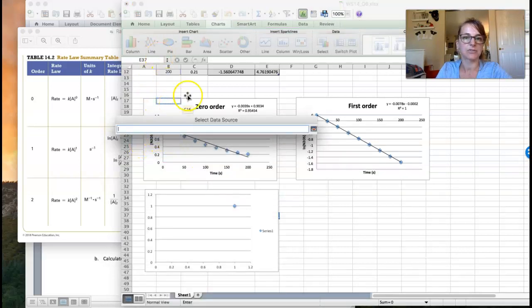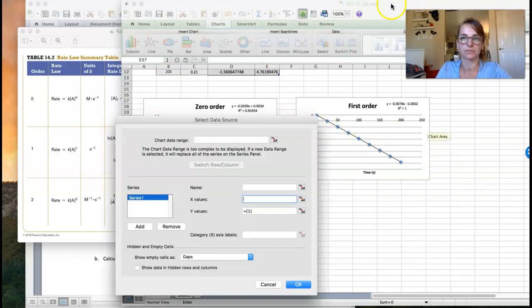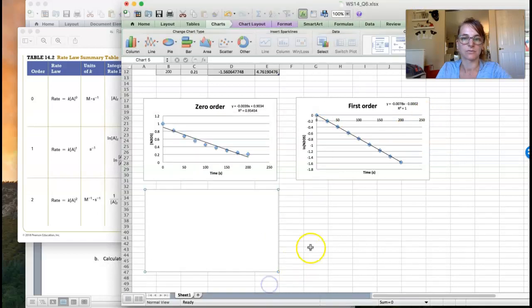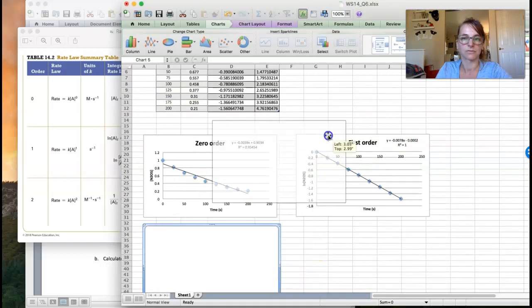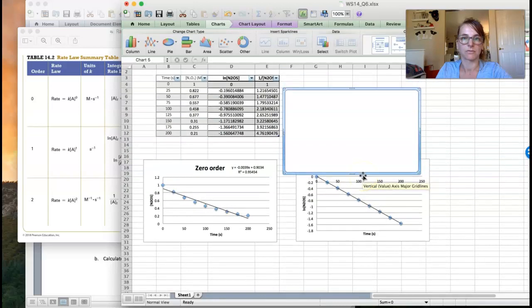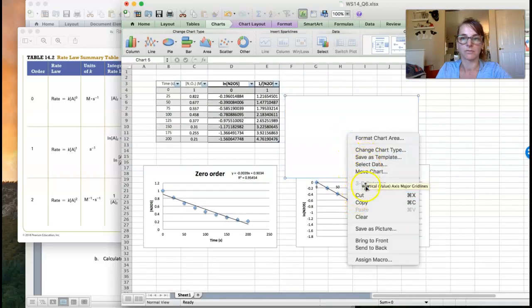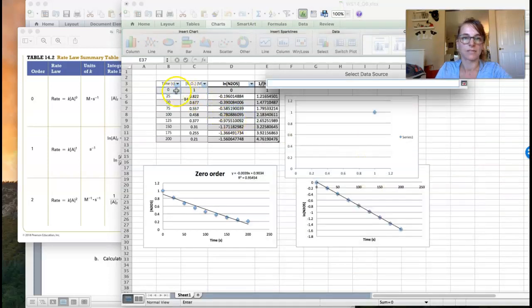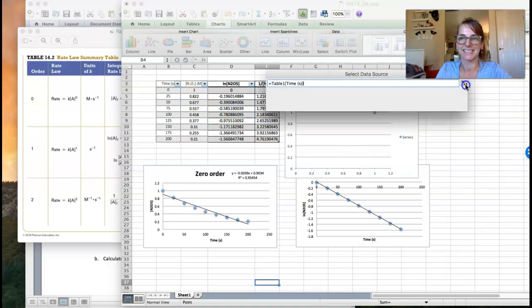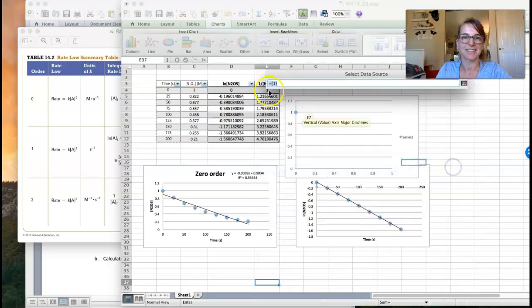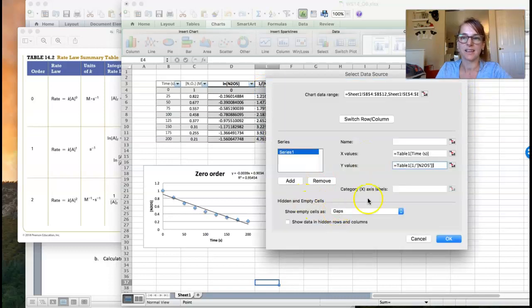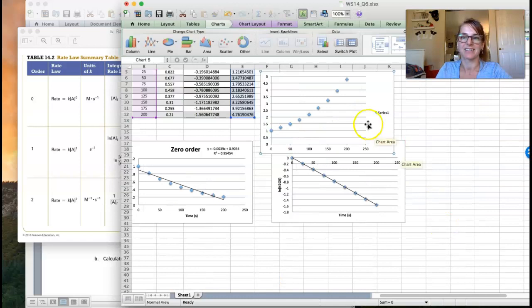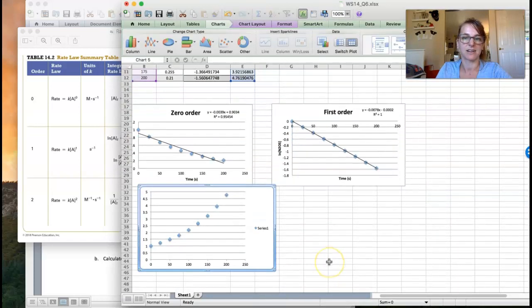I will choose time, and for the Y values, I will choose 1 over the concentration of the reactant. And go ahead and add that. Fantastic.